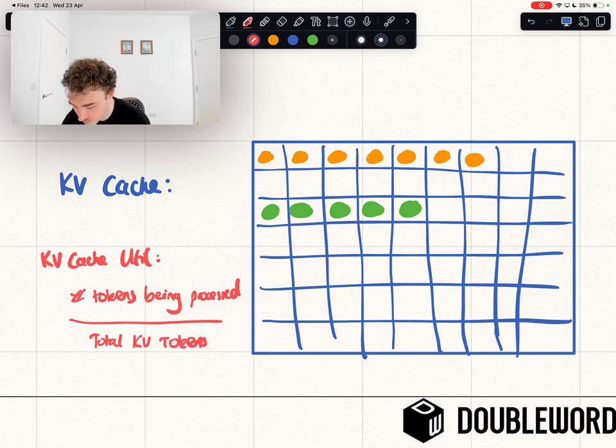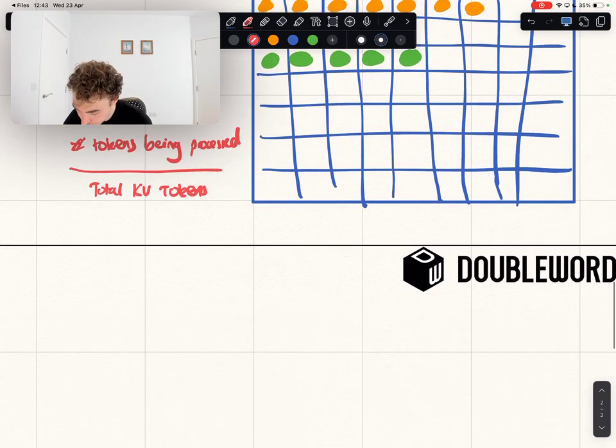So in this case, it would be 12 divided by the number of boxes that are drawn here that I'm not going to count out. Now, why is this a useful metric for measuring the total load in our system?